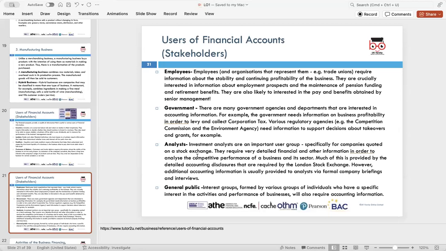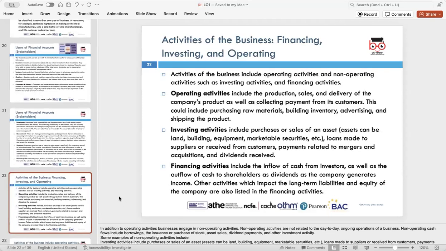General public: accounting information is also required by the general public, which includes interest groups. These interest groups are formed by various groups of individuals that have a specific interest in the operations and performance of enterprises.